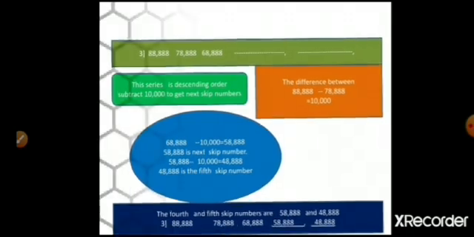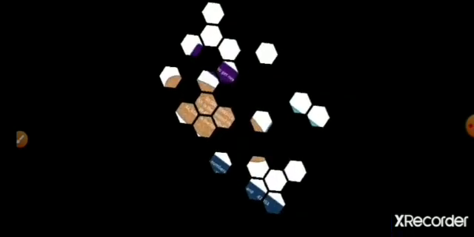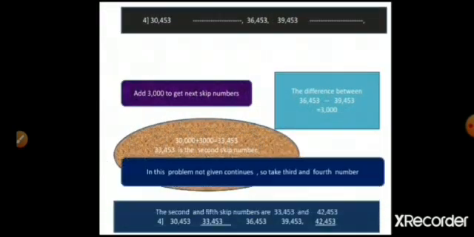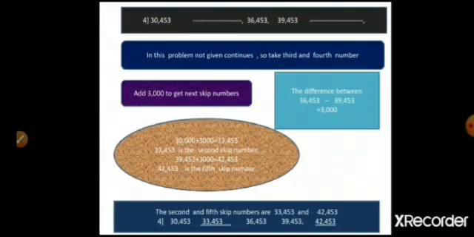We see the next question, the fourth one. See the fourth question: 30,453, the second number is skipped here, then the third number is 36,453, the fourth number 39,453, and again the fifth number is skipped. So here continuous numbers are not given.